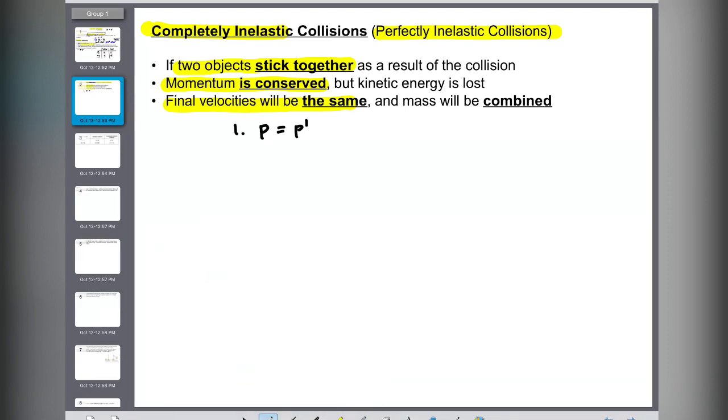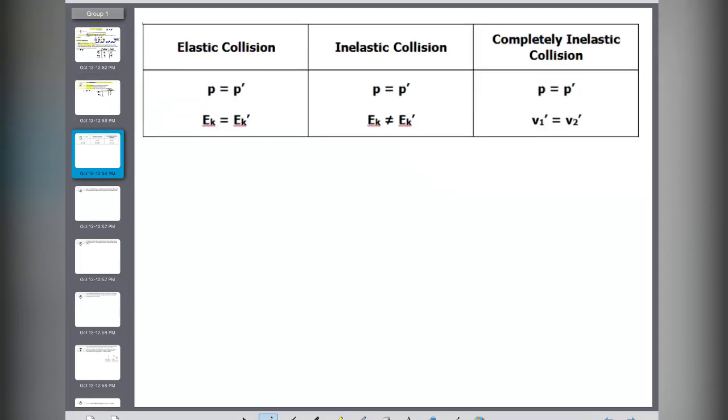When the bullet is embedded into the mass, do you see how they'll be traveling together? I don't have a second equation for this, but what I do know is that the final M1 and M2 have the same speed. So I actually have eliminated one extra variable, and that's what a completely inelastic collision is.